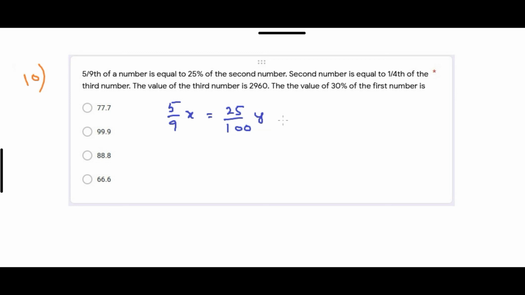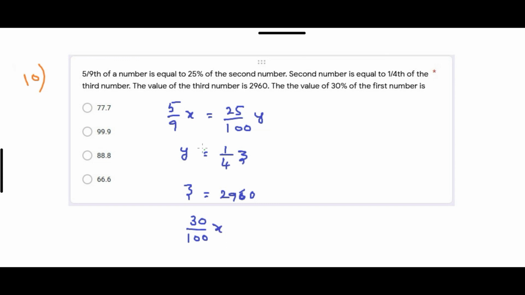The second number is equal to 1/4 of the third number. Second number is y and it is equal to 1/4 of the third number. The value of the third number is 2960. So z has been given as 2960. Find 30% of the first number. So this is the question framing.